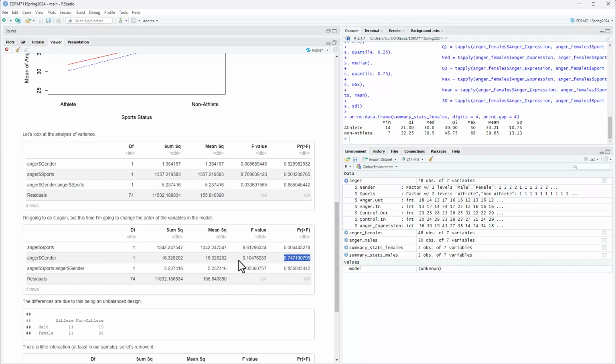It still tells us we cannot infer, so the results of this table are the same. But up here, we went from a 0.93 to down here a 0.75. What's with that? We don't want our p statistics to be jumping around just because we changed the order. Well, the reason that this happens is because we have an unbalanced design.